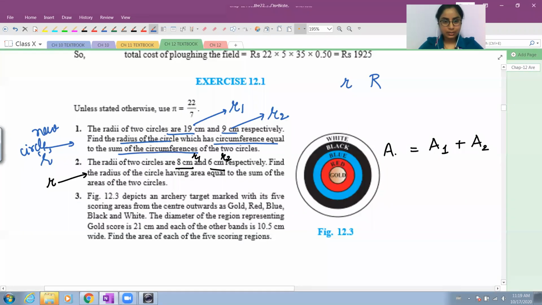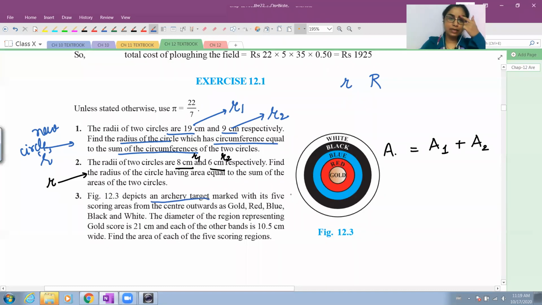Third question. The figure depicts an archery target marked with 5 scoring areas. I hope everyone knows what archery is. Yes, ma'am. So this is an archery target marked with its 5 scoring areas with different colors.